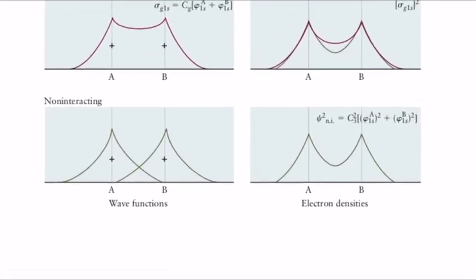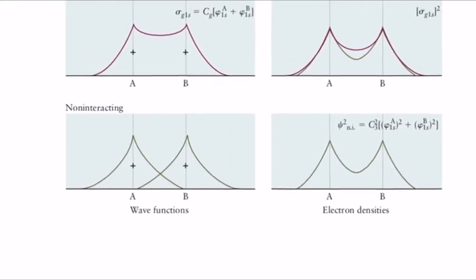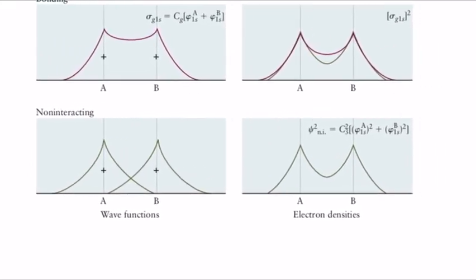I'm going to start with a non-interacting case. In the non-interacting case, I have one s electron plus another one s electron. Okay? So one comes from A and the other from B.